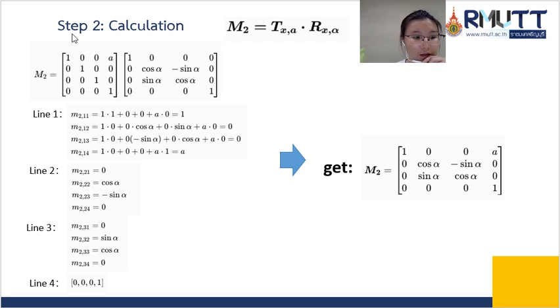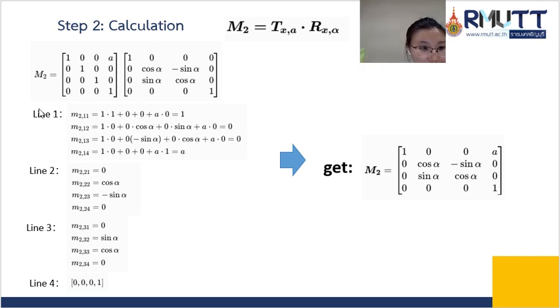Okay, and then in the step 2 calculation, M2 equals T x a times R x alpha. Multiply each row by each column.